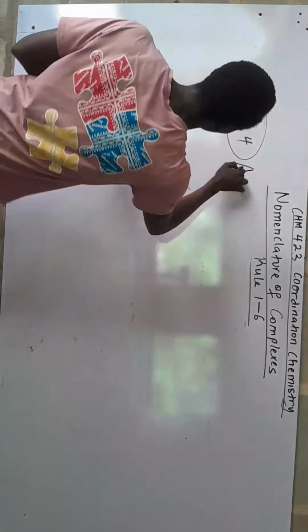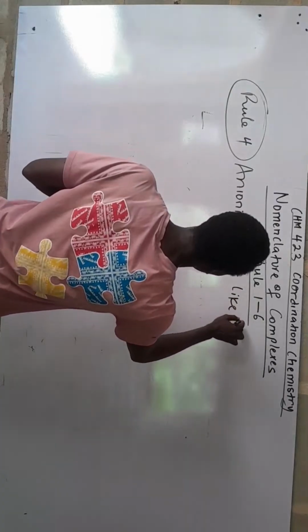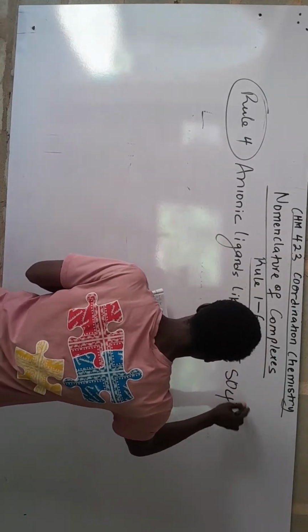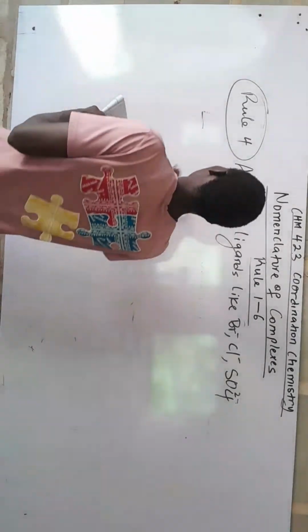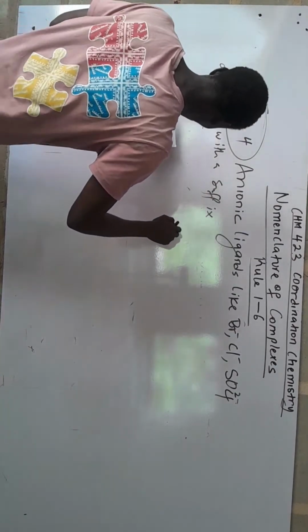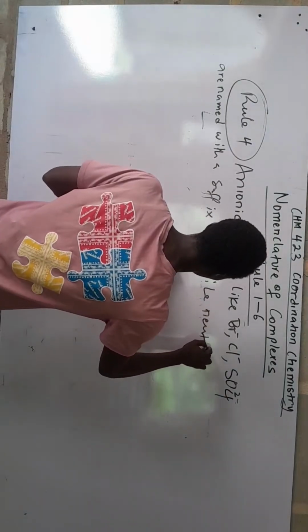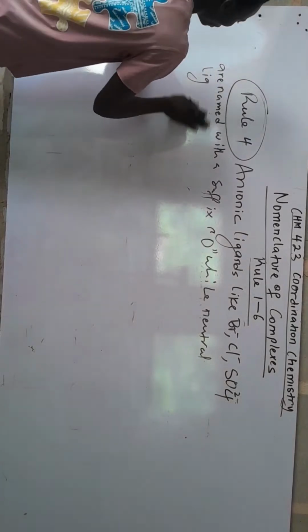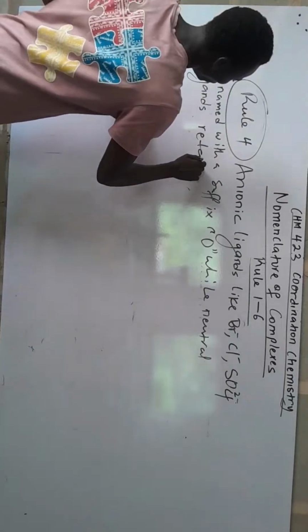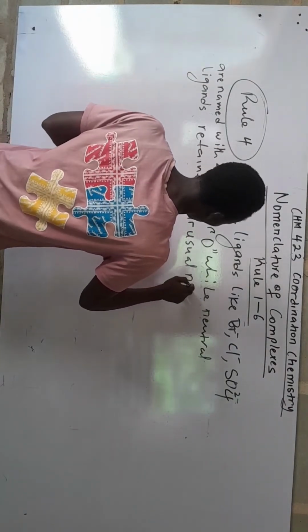The rule number 4 says that anionic ligands like are named with a suffix, while neutral ligands retained their usual name.